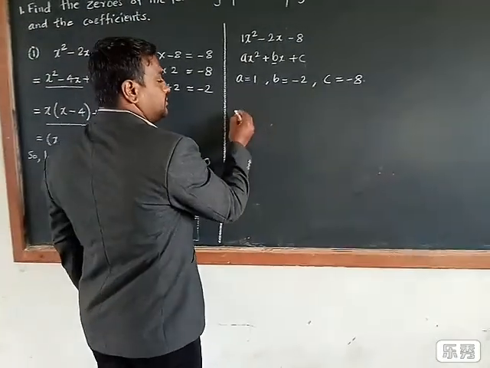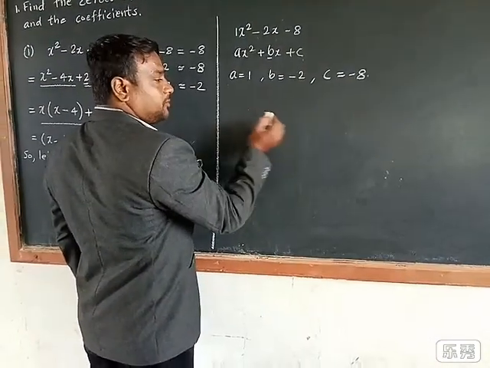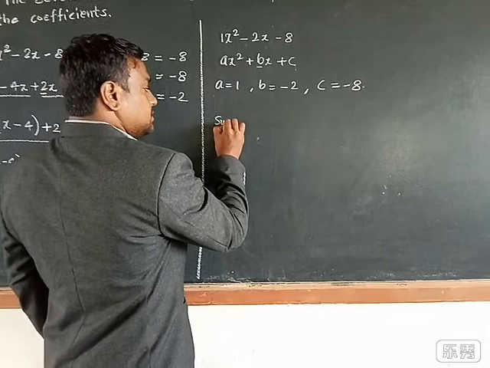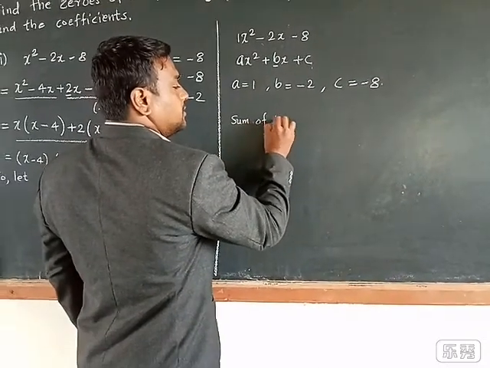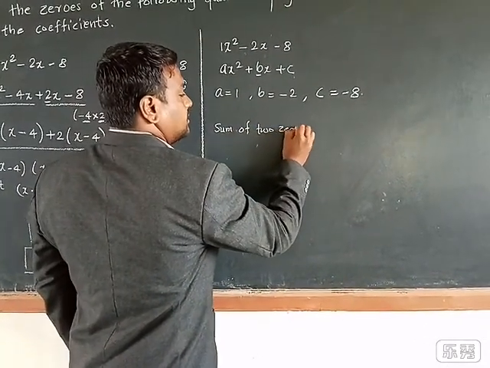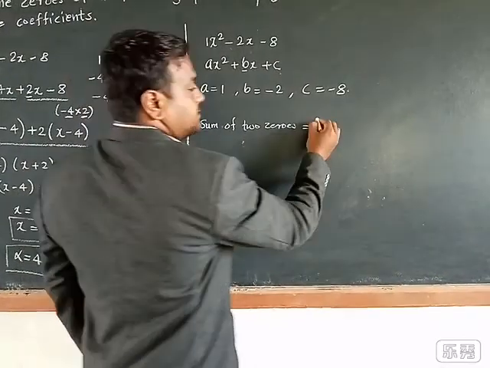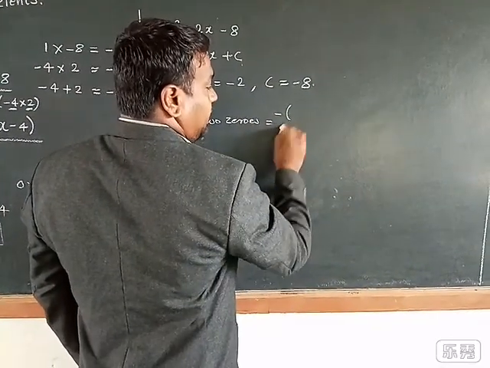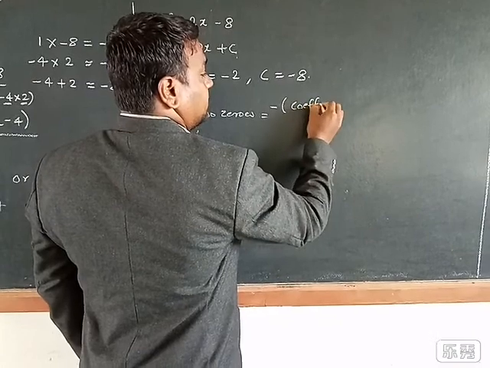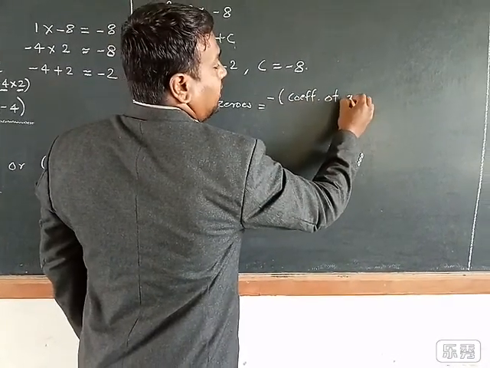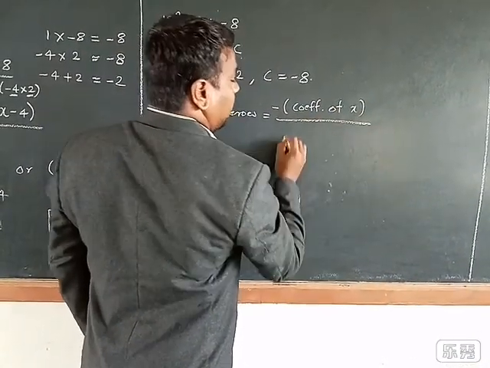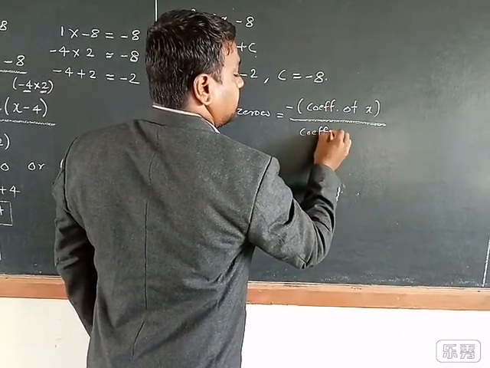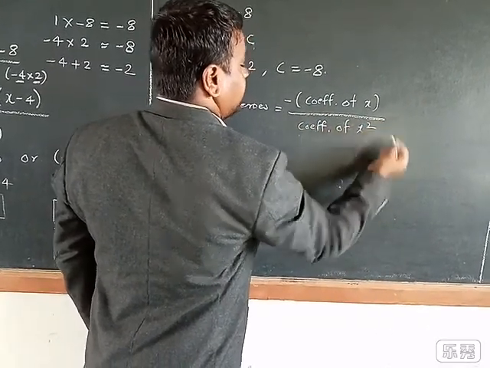Now we already know the relationship between the zeros and the quadratic polynomial that we learned in the last video. First, the sum of two zeros is equal to minus the coefficient of x upon the coefficient of x square.